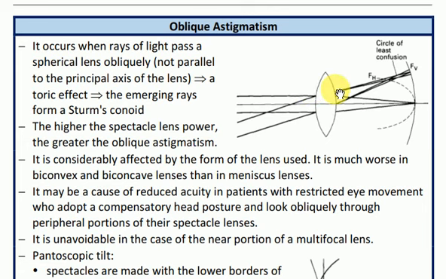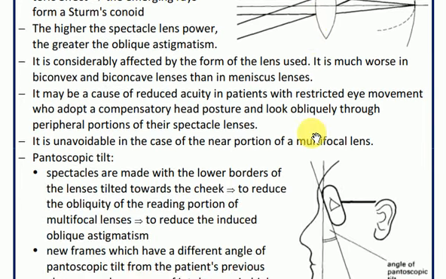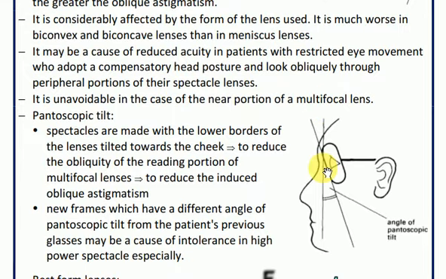In daily life, adults spend most time looking slightly downward from the primary position, and spectacles are therefore made with the lower borders of the lenses tilted towards the cheek. Here you can see, this is pantoscopic tilt.